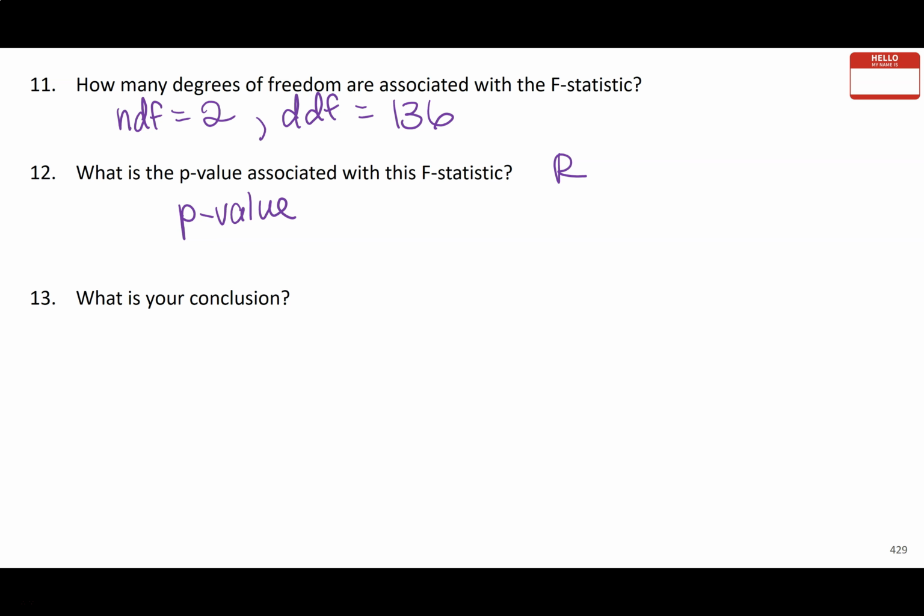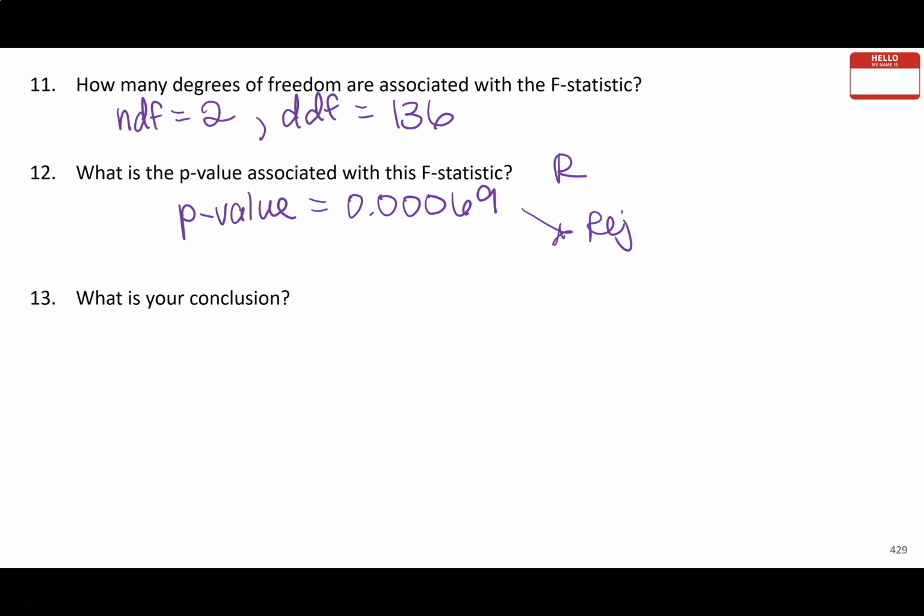They're always going to be upper-tailed as well. We're never ever going to mess with the lower tail for the F distribution. So my p-value is 69 over 100,000. It's pretty darn small. And it's a very small p-value.